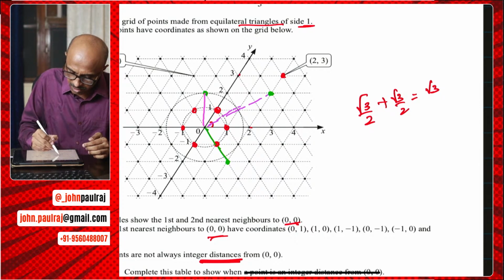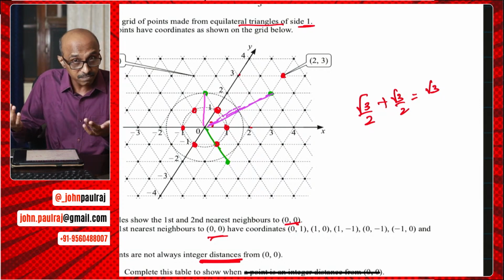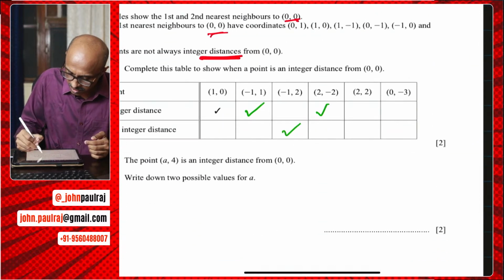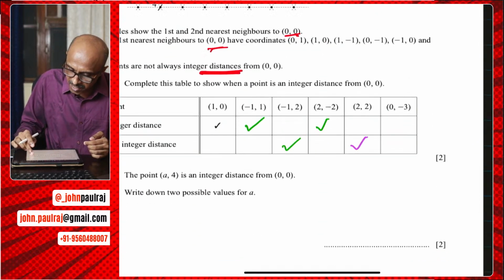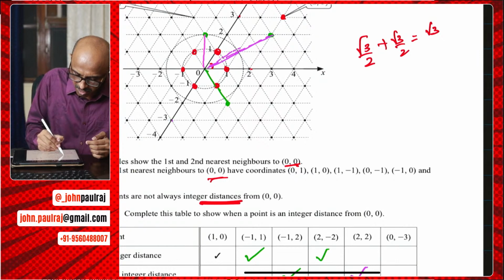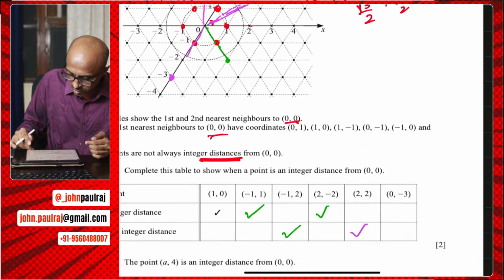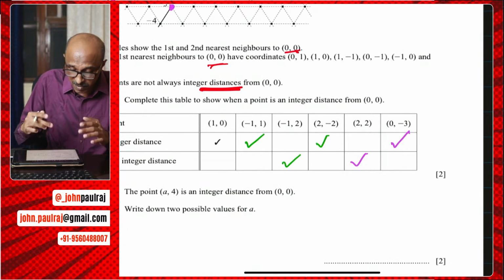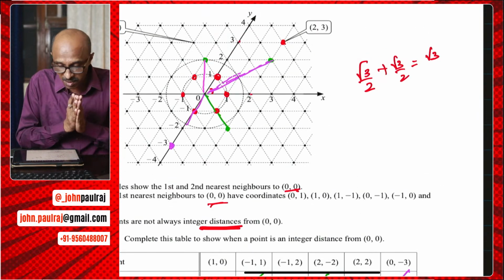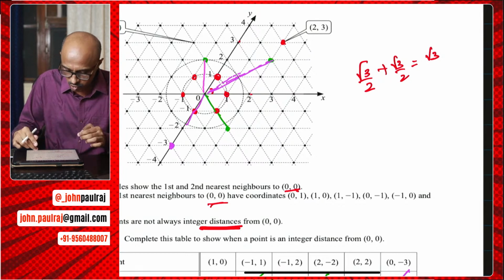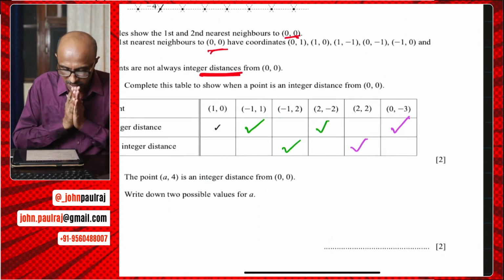So that's a root 3, that's a root 3, that is 2 root 3, and clearly not an integer distance. 0 comma negative 3 should be here, and that goes along the sides of that equilateral triangle, 1 2 3, so that's an integer distance. Here we are making use of the grid. It's a triangular grid this time, so you have to make use of that and show your work whether it's an integer distance or not.